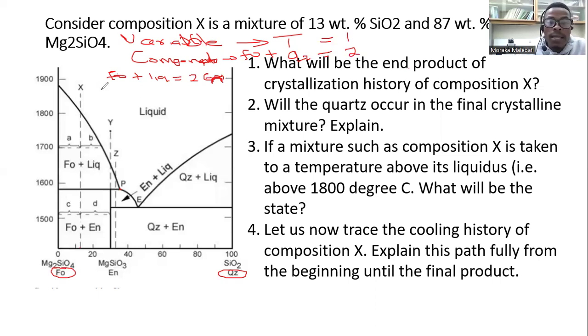So let's define the degree of freedom as C minus P plus, it must be 1, because now we only have the temperature here. So 2 components that we have minus 3 phases at that point plus 1. Then it will just be 2 minus 3, which is minus 1, plus 1, which is just 0.